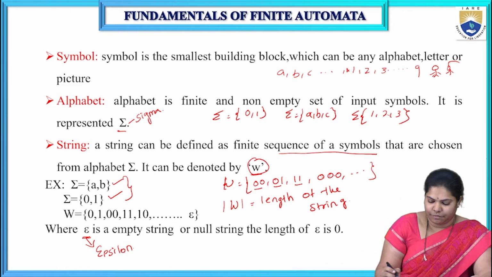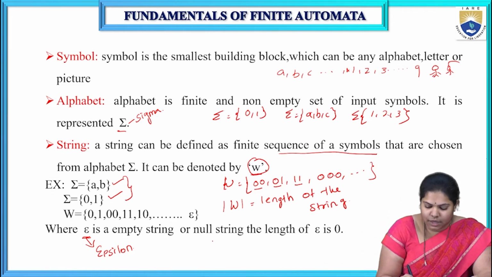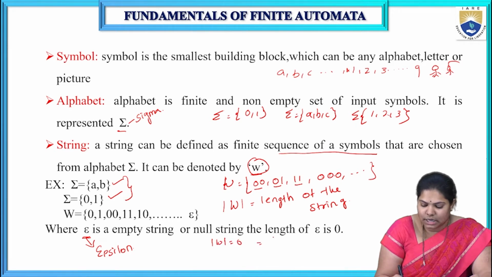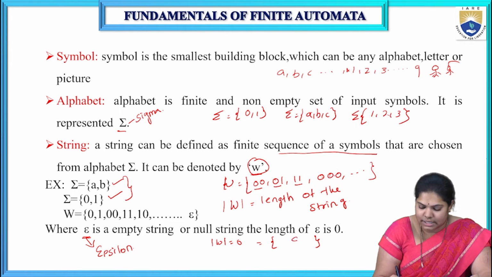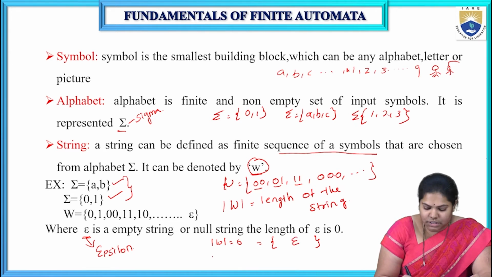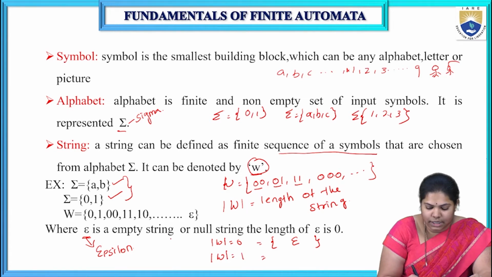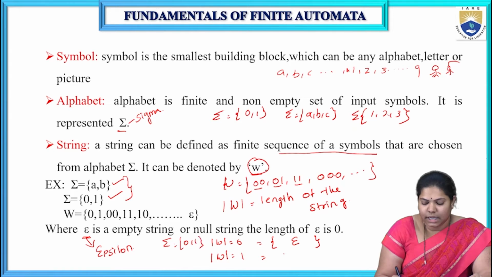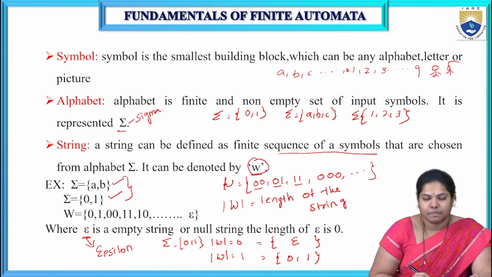For example, if the string length is equal to 0, the string we derive is epsilon. If the string length is equal to 1, on the input symbols 0 and 1, we get the outputs 0 and 1.